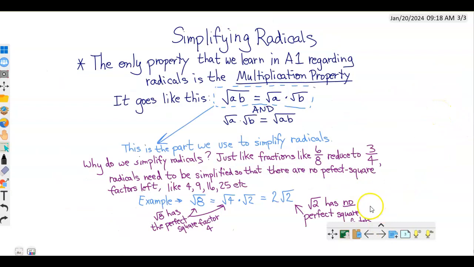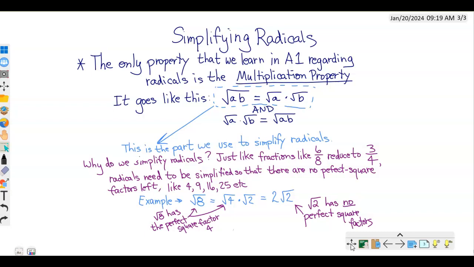Okay, so on this page, we go into how to simplify these expressions, this type of expression. So there are several properties that govern the behavior of roots.